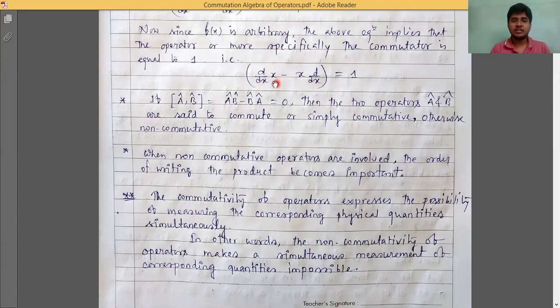This is in the form A operator B operator minus B operator A operator, and you are getting the result 1. So we can say that these two operators, the differentiation operator d/dx and the position operator x, are non-commutative.